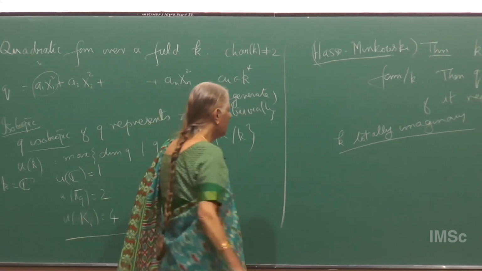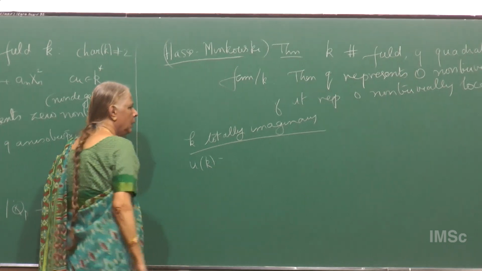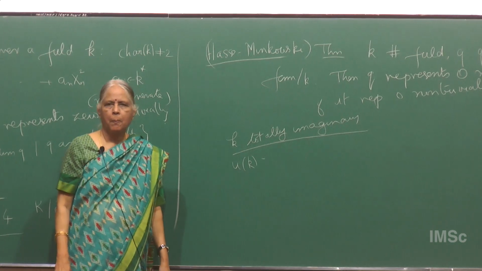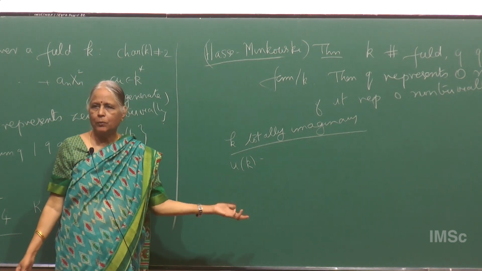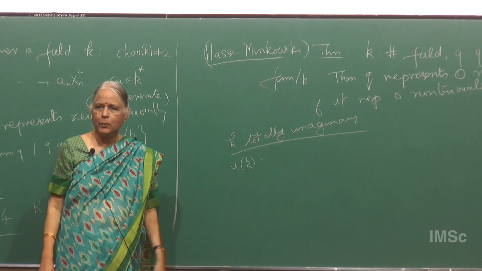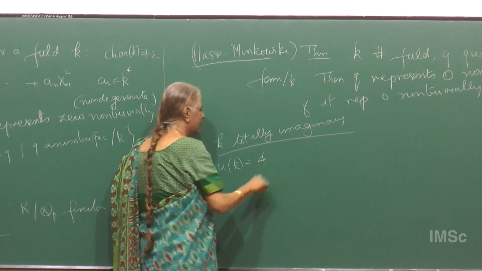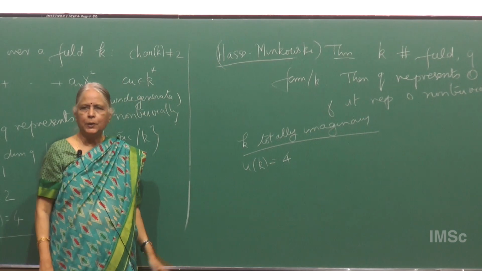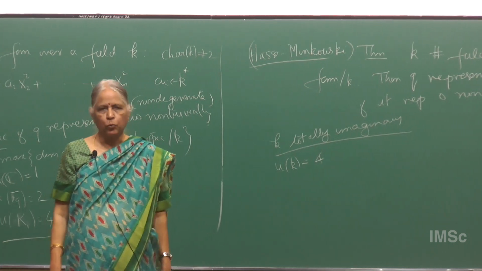Therefore, what can you say about the u-invariant of K? In this case, it is at most 4, right? Because every 5-dimensional form needs to represent 0 non-trivially by this result. But you can show it is exactly 4. There are 4-dimensional forms which are anisotropic. This can be checked. So the u-invariant of a totally imaginary number field is in fact 4.